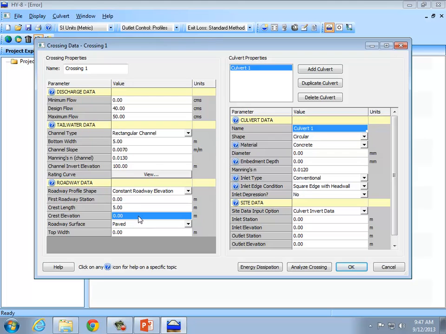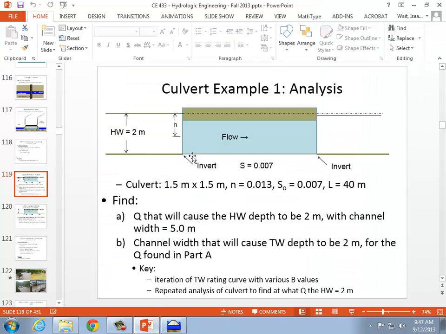And the crest elevation, we need to look back at the information that we've got. It's not actually going to overtop during our simulation. We're just going to go from no water up to a headwater of 2 meters. And so all we need to do is put the crest higher than 2 meters. We don't even know what the elevation of the roadway is.